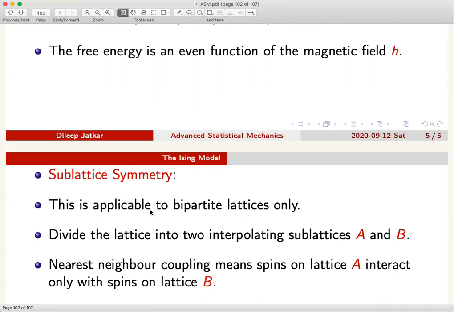Now, look at a simple cube. If you are looking at a simple cube and at every vertex you put, say, a copper atom, and you keep a zinc atom at the center of the cube, then the distance of the atom at the center of the cube from the vertices is smaller than the distance between atoms from one vertex of the cube to another vertex of the cube, right?